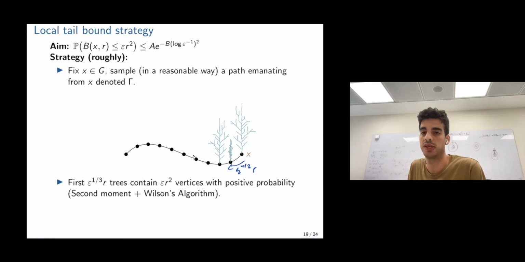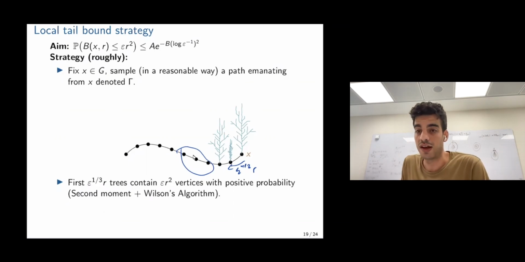But then we want to say, okay, suppose the first batch of trees failed. We didn't find epsilon r squared vertices. What we expect, at least intuitively, is that if we look at the next batch of epsilon to the 1/3 r trees, the probability, after the first failure, to find many vertices only grows.